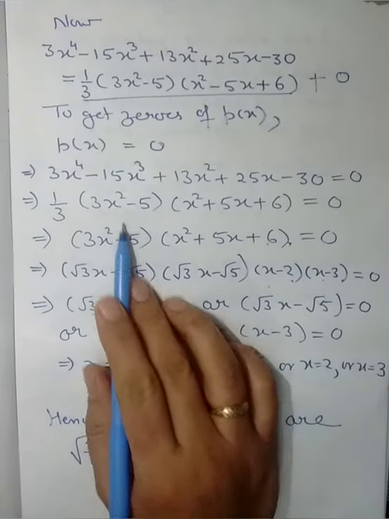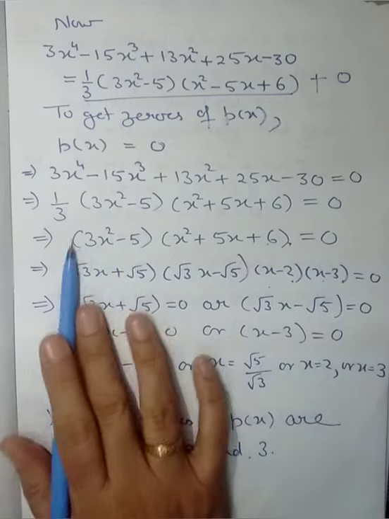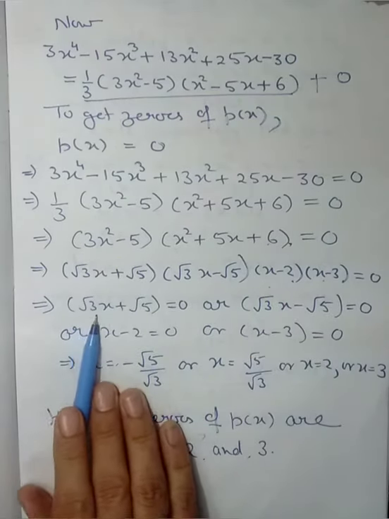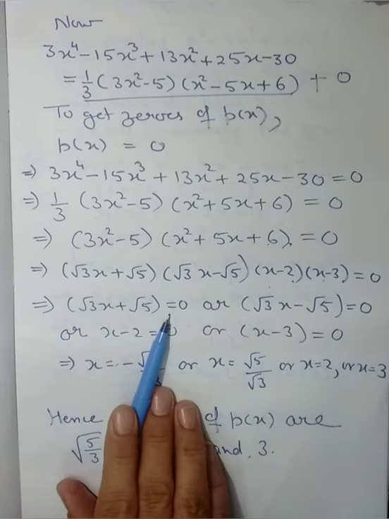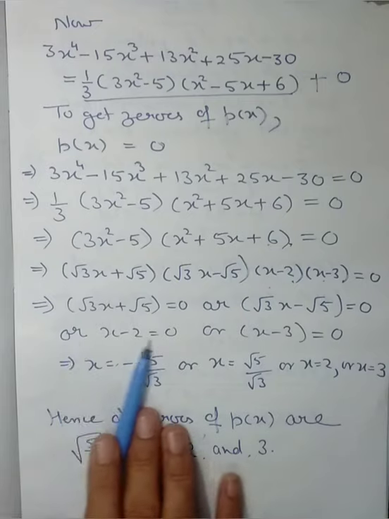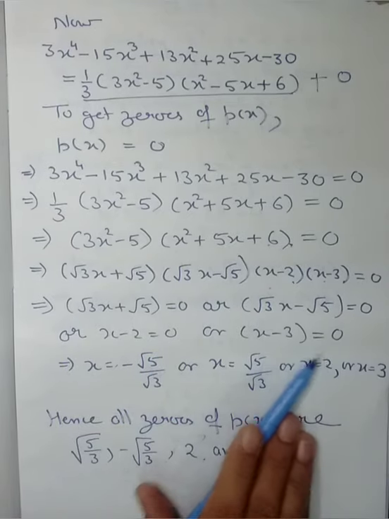Now factorize 3x square minus 5 and x square minus 5x plus 6, this by a square minus b square and this by middle term splitting. So we will get root 3x plus root 5 is equal to 0, or root 3x minus root 5 is equal to 0, or x minus 2 is equal to 0, or x minus 3 is equal to 0.